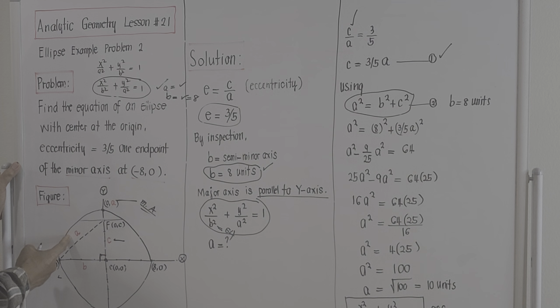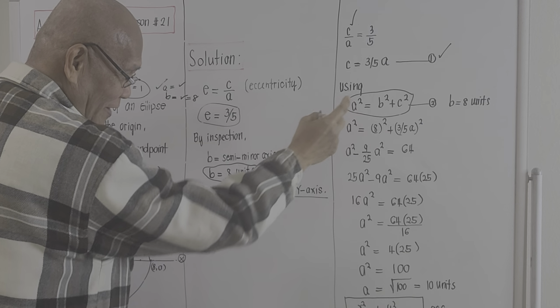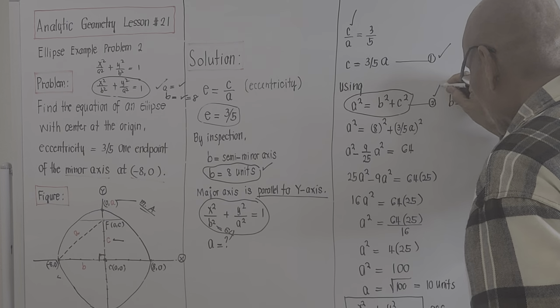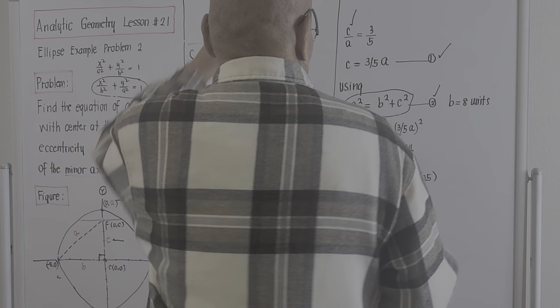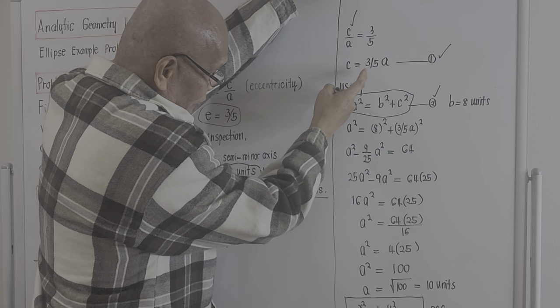The square of A should be equal to the summation of the square of B plus the square of C. That's where we got this one. We call this equation number 2.